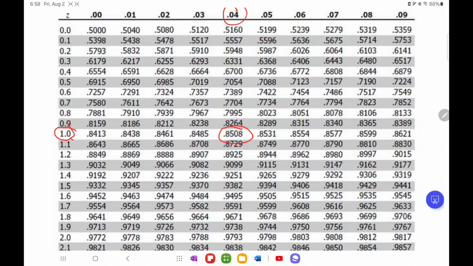Again, when you come to this table to find the z value, you must have the area to the left of that z value. If you were looking for 0.15, let's say you forgot to find the area to the left and looked for 0.15 for the area to the right, you would get a completely wrong z value and your answer would be wrong, right?